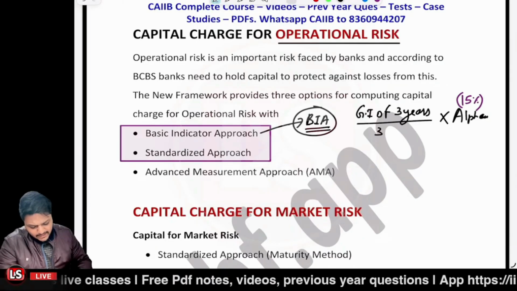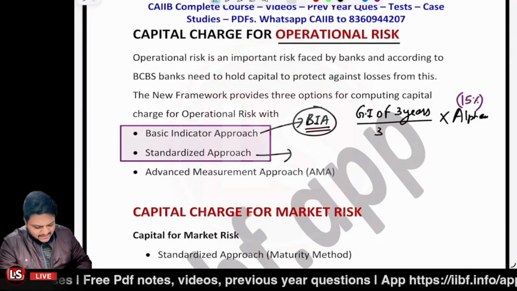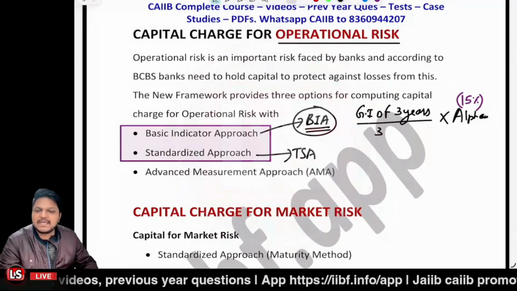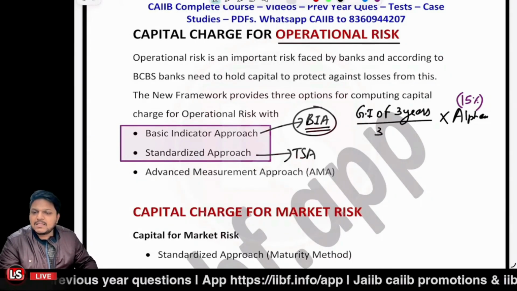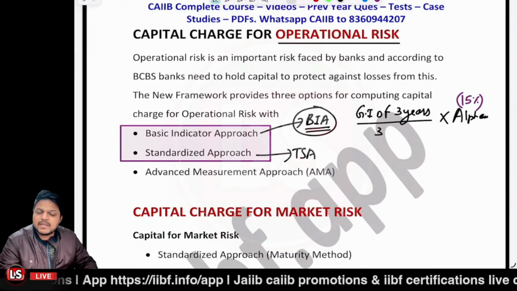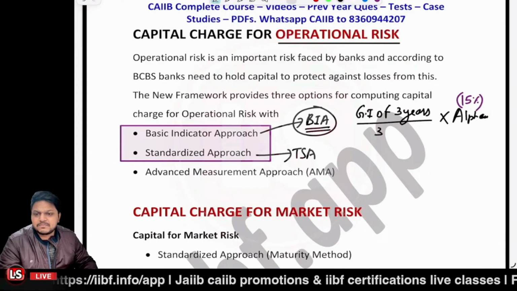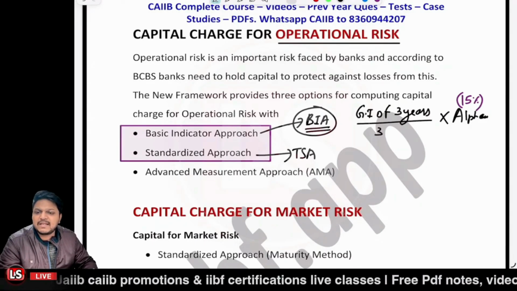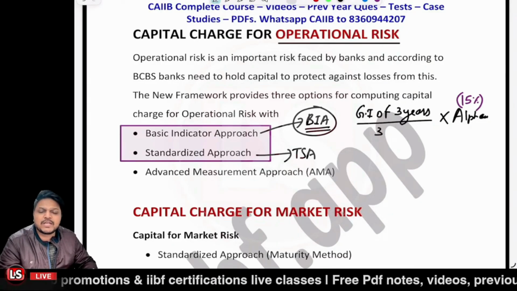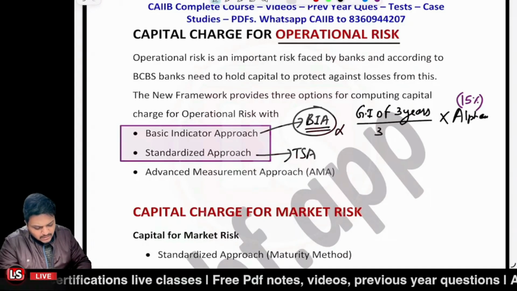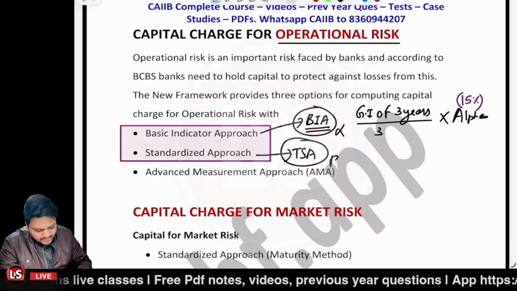And the second one is related to the standardized approach, or SA, or TSA, we simply say the standardized approach, TSA. Right? In this scenario, we are given 8 different business lines, and each business line has a beta associated with it. In case of BIA we have the alpha, but in case of the TSA we have the beta.